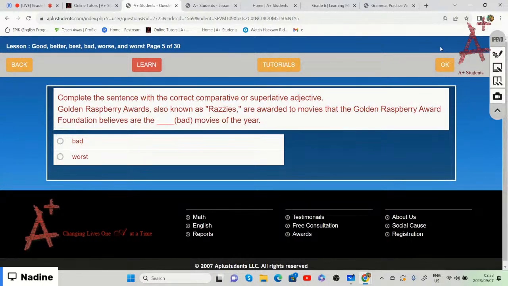Golden Raspberry Awards, also known as Razzies, are awarded to movies that the Golden Raspberry Award Foundation believes are the bad movie of the year.